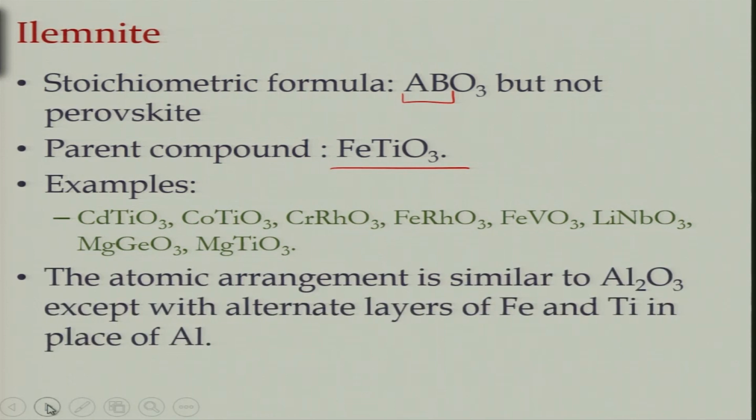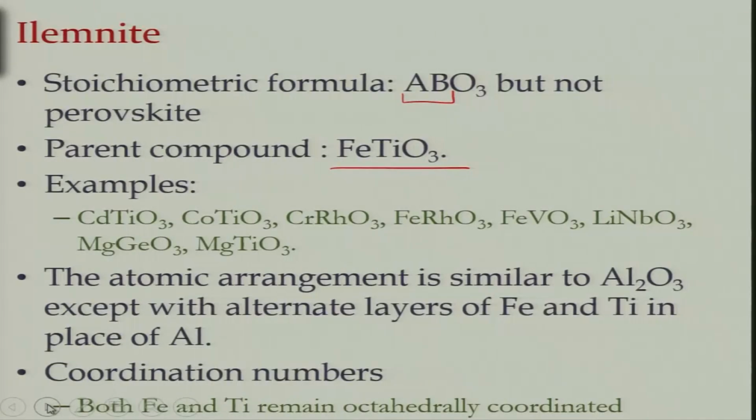The atomic arrangement is similar to Al2O3, but the difference is that instead of aluminum being in every layer, you have alternate layers of iron and titanium. In one layer you will have iron, the second layer titanium, then iron, then titanium, and you keep continuing like that. The coordination numbers remain the same; both iron and titanium remain octahedrally coordinated.